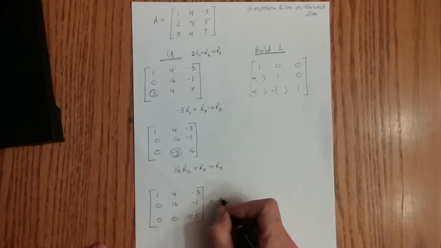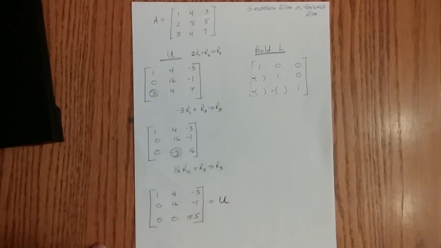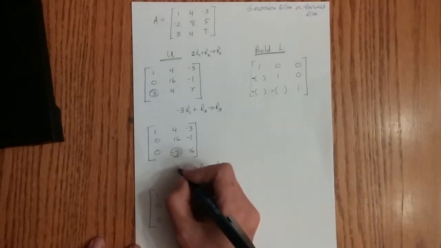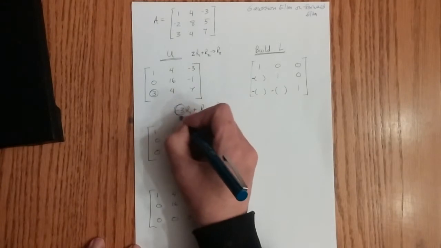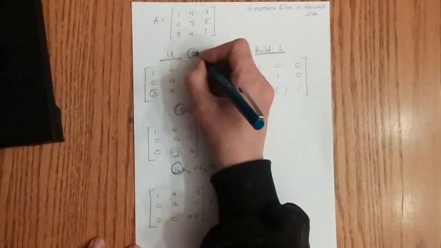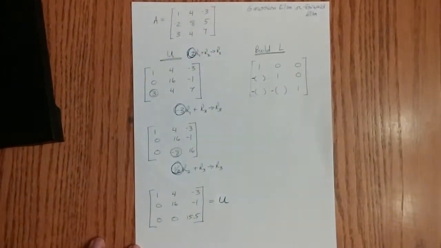So this is U, our U matrix, and these are our echelon matrix factors.